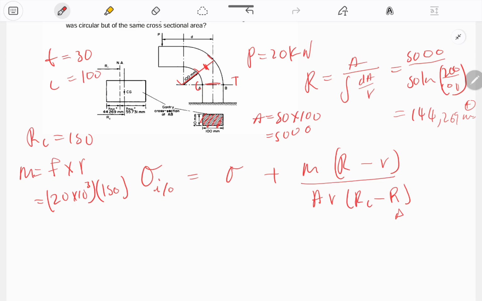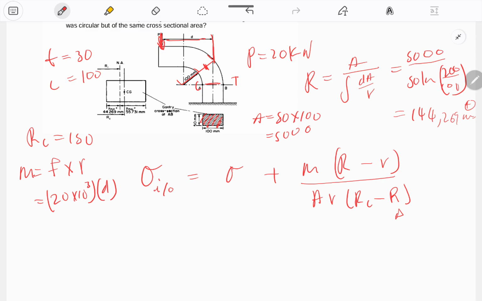I'm obviously making a mistake here, because in the previous problem my force was here, so I was using this guy. In this case, we're trying to find D. That means we can't get M exactly, but you can get it as a function of P, right? The force is here, so the moment around here is going to be whatever force is multiplied by D, right?